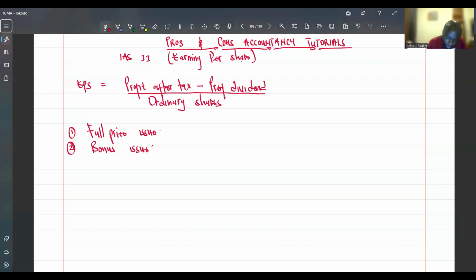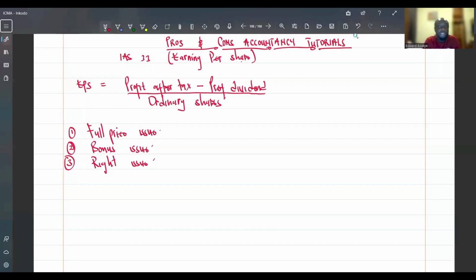Okay. Now, one other thing that we can talk about is what we call a rights issue. When we talk about a rights issue, it is also more or less a bonus issue, but this time around we are issuing it to our existing shareholders, the shareholders who already existed in the company.